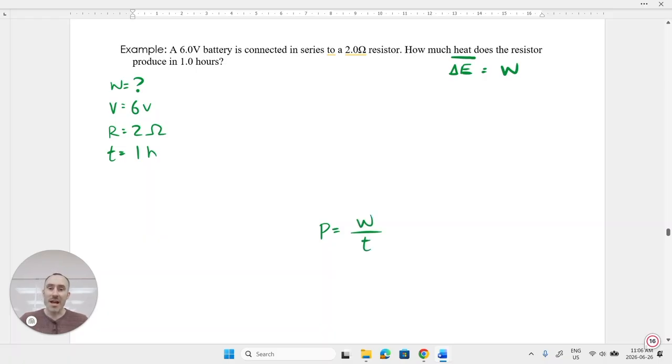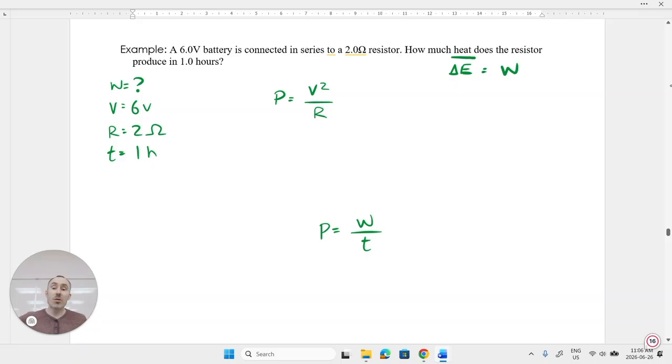That's probably going to be my ending step, given that I'm given time. I just don't have power yet. And so that gives me a clue about how to begin this problem. I probably need to figure out power using voltage and resistance, right? So then my step 1 of this is going to be P equals V squared over R.